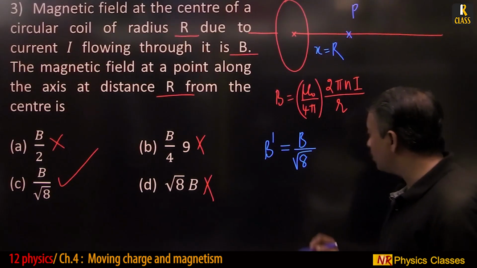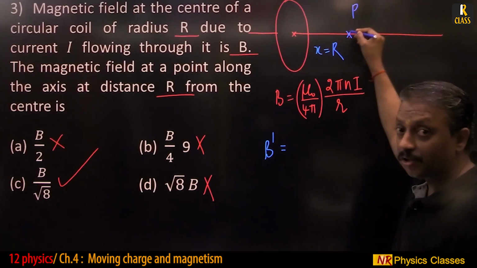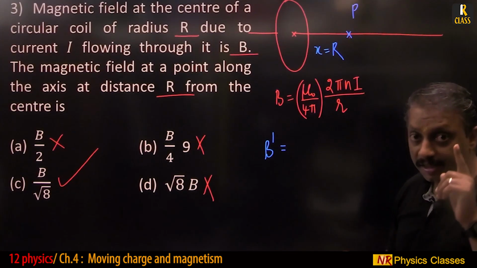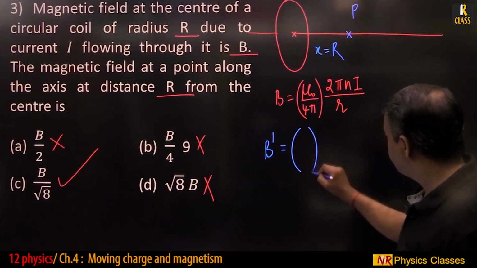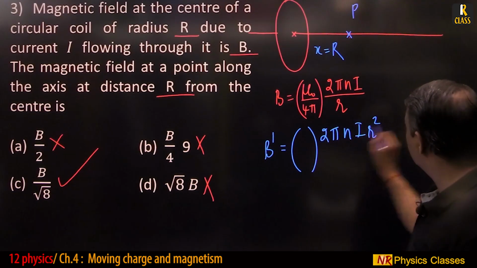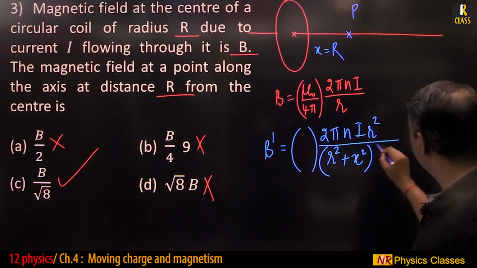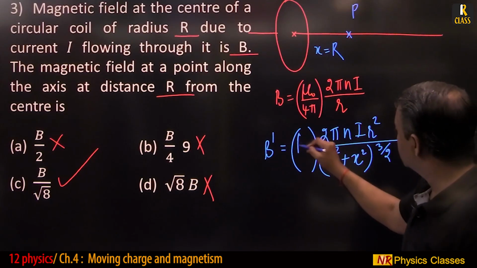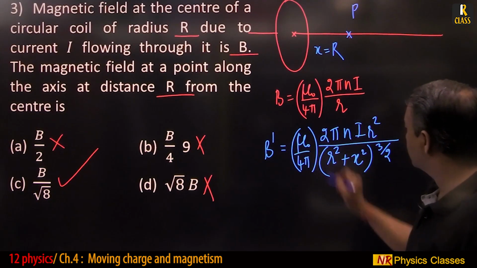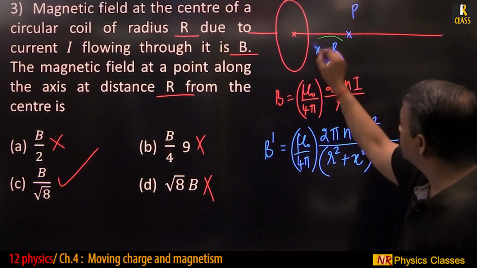Why is it B by root 8? This point is on the axis. Big formula, it is there in NCERT: constant 2 pi Ni R square by R square plus X square whole to the power of 3 by 2, where constant is mu naught by 4 pi, and X should be equal to R. This is the given condition.